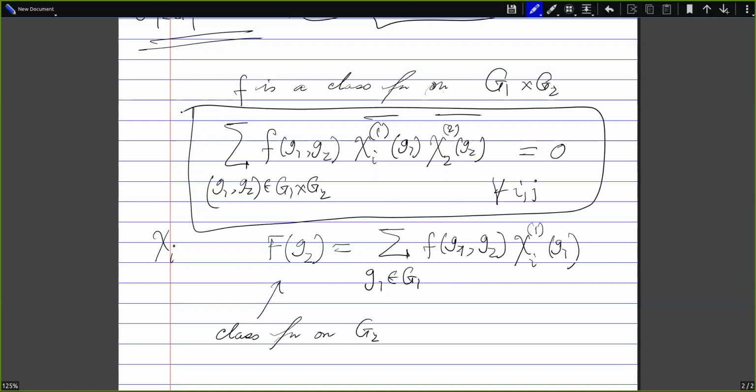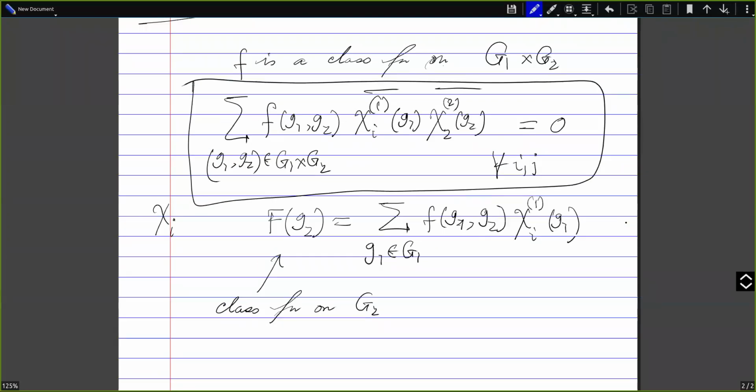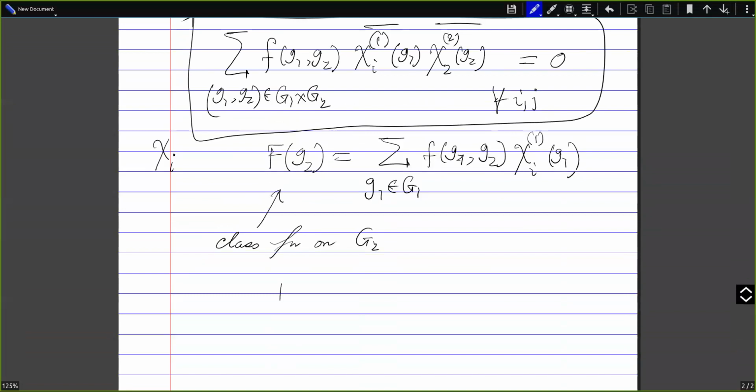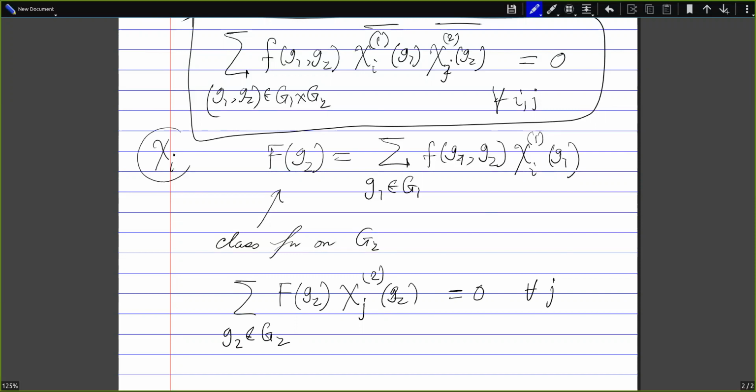All right, so now in view of our assumption that for every i and j this is 0, we see that the sum over g2 in G2 of f_i(g2) chi_j(g2) conjugate is 0 for all i, j. So fix any chi_i, then we define this f, which of course depends on i, but this assumption for all i, j ensures that for this f, for any j, this is 0.